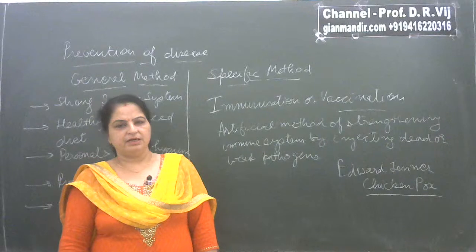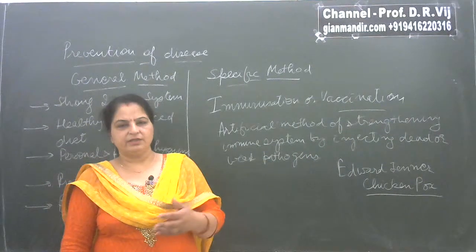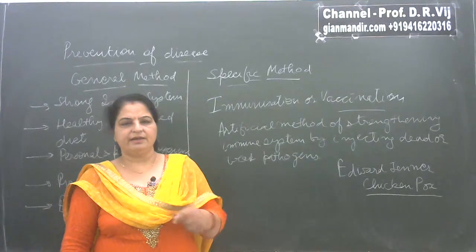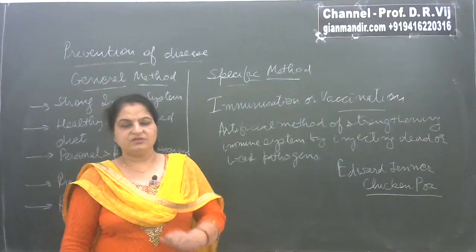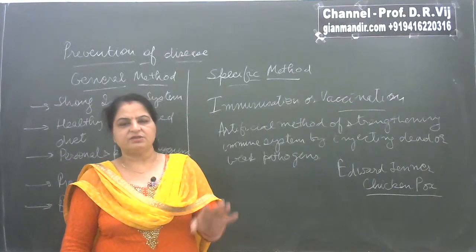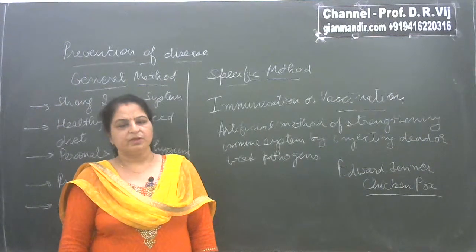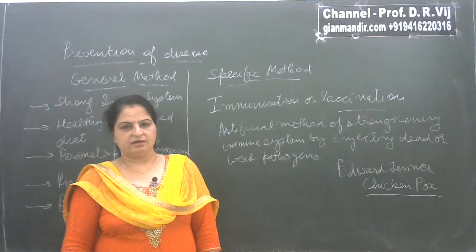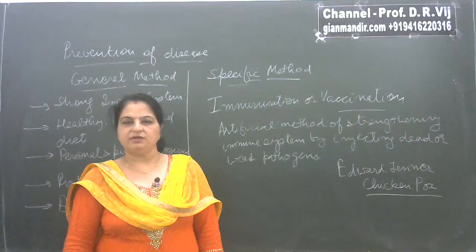So what he did, Jenner, he took the dried skin piece of the diseased person and deliberately rubbed into the skin of the healthy person in order to introduce that pathogens in the body of healthy persons, so that their immune system once identifies that pathogens and gets activated.